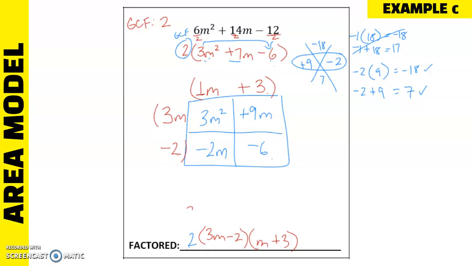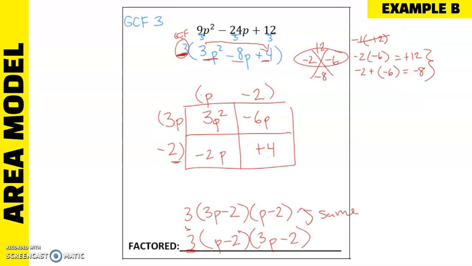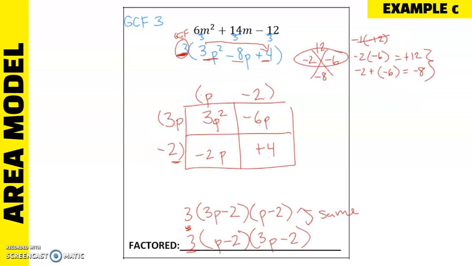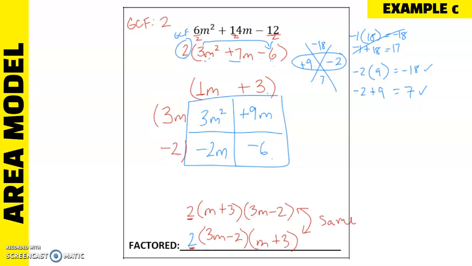And again, you could write it in the other order. Okay, these are the same because of multiplication. Just remember that GCF should always be out front. Notice in every one when we had it, the GCF is our first term, and then we have our quantities. Okay, that's the area model.